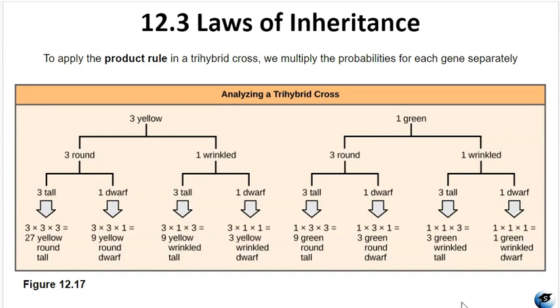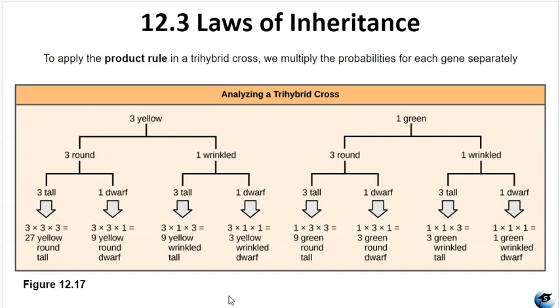So here, the probability for color in the F2 generation occupies the top row, right? So we have yellow, we have green. The probability for shape is in the second row. So we have 3 round, 1 wrinkled, right? And the probability for height is the third row. So tall and dwarf, 3:1. The probability for each possible combination of traits is calculated by multiplying the probability for each individual trait.